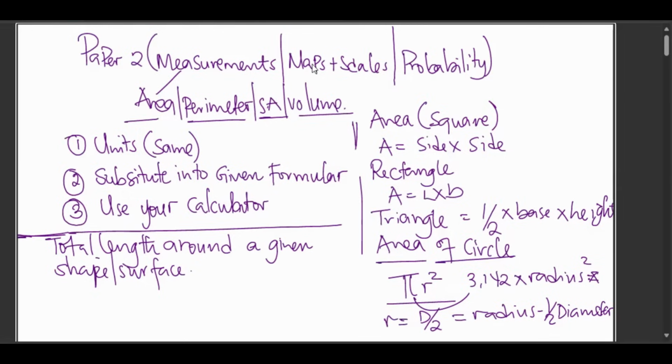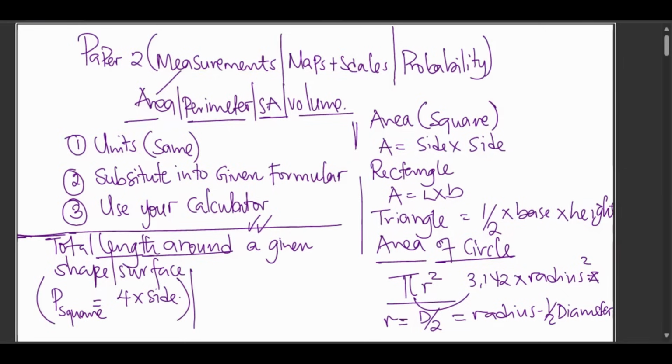As you have length around, then you get your 2 marks. Usually it's 2 marks. Then how do you get the perimeter of a square? Remember, a square has 4 equal sides, so it will be 4 times the measurement of one side.